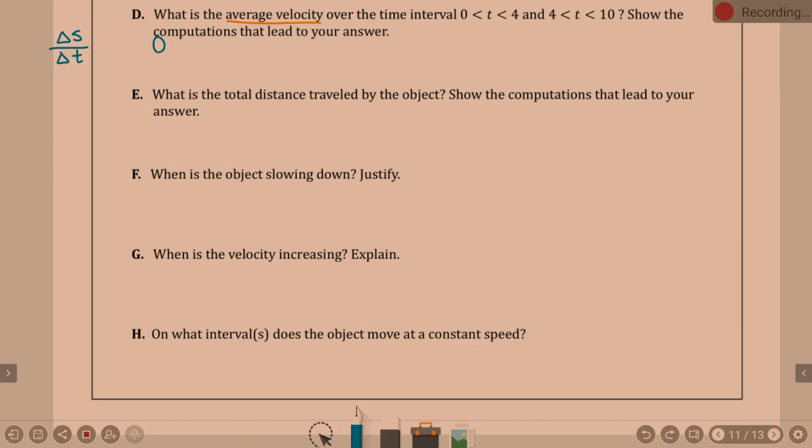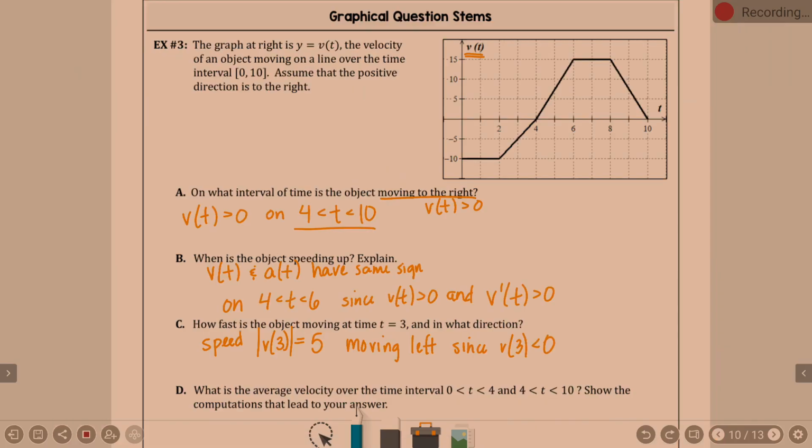So, yeah. Here's the deal. So it's going to be 6/4. Hold on. On the interval 0 to 4, how are we going to find the distance traveled? By the area under it, yes?